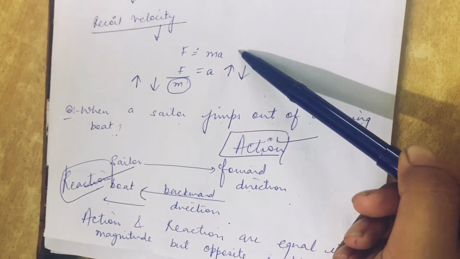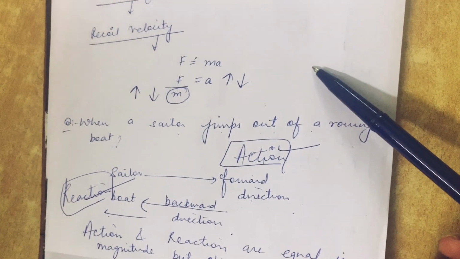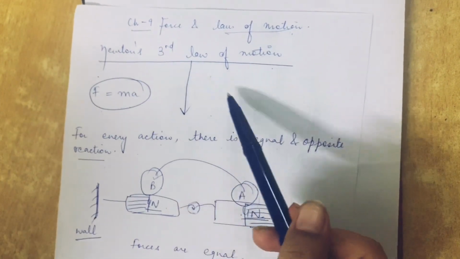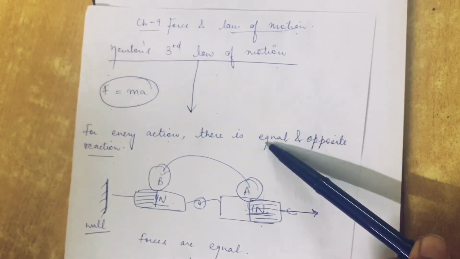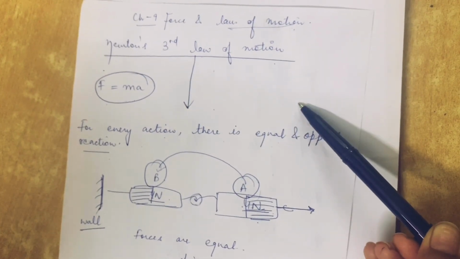So this video is all about Newton's third law of motion. Till here we have concluded that Newton has given three laws: first law, second law and third law. Today we did the third law. With this, our Newton's laws are completed. Hope this is clear to you. Thank you.